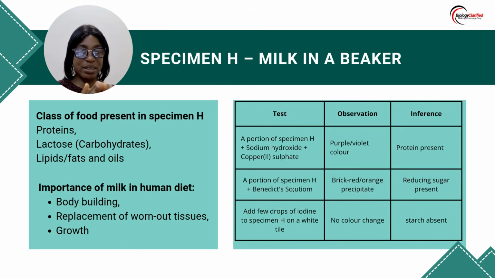And if Benedict's solution is added to any item, and if it turns to a brick red precipitate, just know that reducing sugar is inside. Any color change different from that means that it is absent. Don't stress yourself, please.